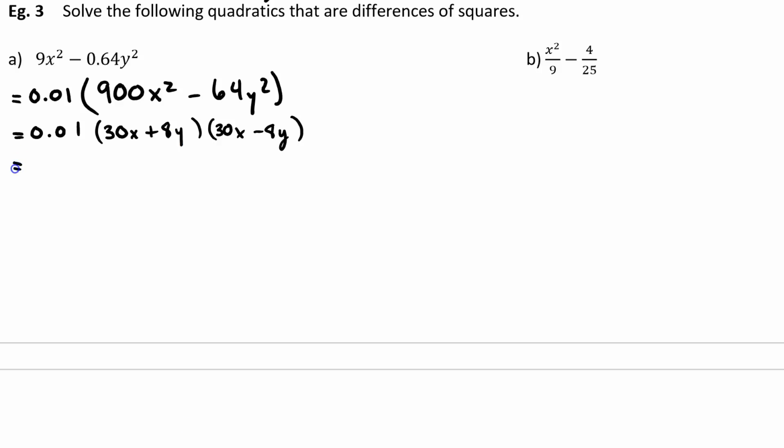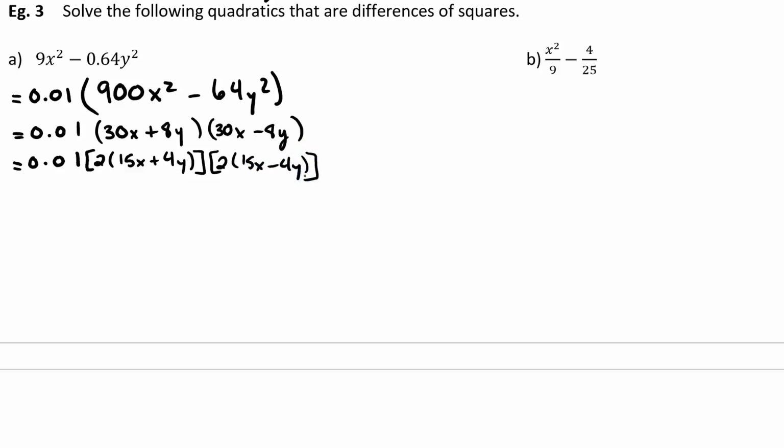So what I'm going to do is say 0.1, and I'm going to open up a square bracket, and I can take out a 2. What I'm left with here is 15x plus 4y. And I can factor out another 2 from this one. 15x minus 4y.